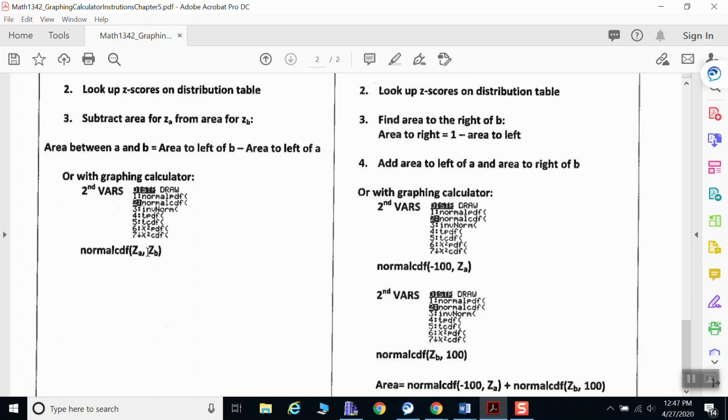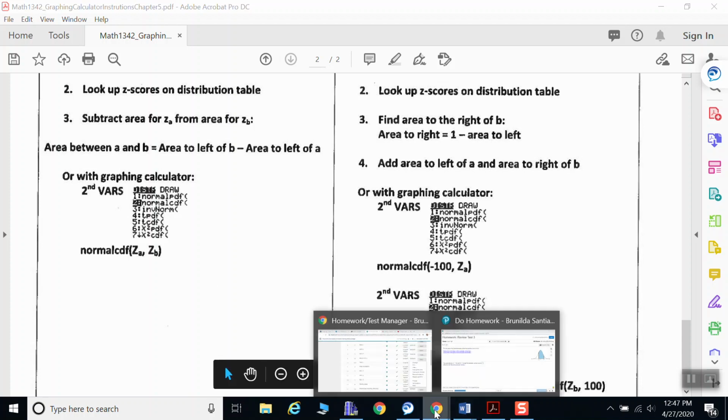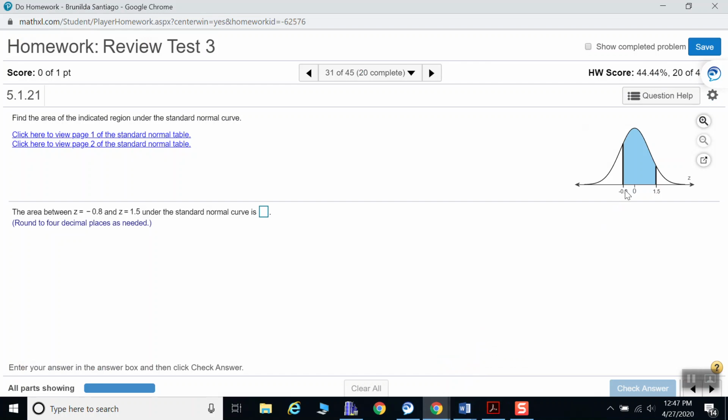The input here, you're going to enter the z-score, the smallest first, and it's usually the z-score from left to right, the smallest to highest, separated by a comma. So we go back and look at the question. This one is going to be negative 0.8, comma, 1.5.